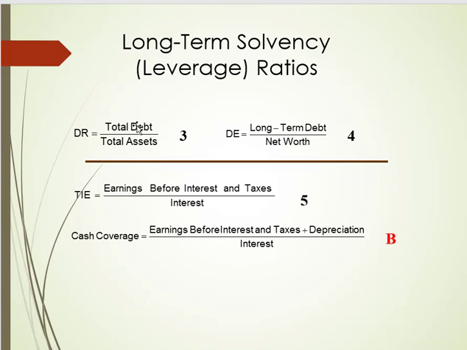There will be companies that have very little long-term debt, but lots and lots of short-term debt. So again, those numbers are going to be reflective here, just the percentage of assets that are purchased using creditor money. On the other hand, the debt equity ratio just looks at long-term things. What is the relationship between long-term debt and net worth?